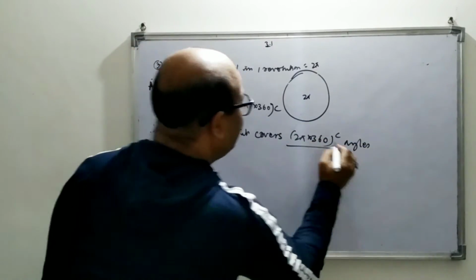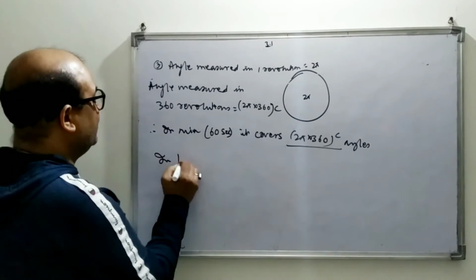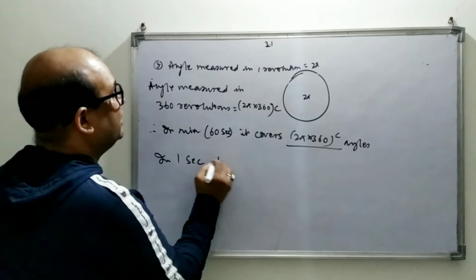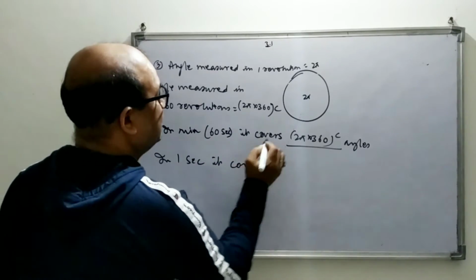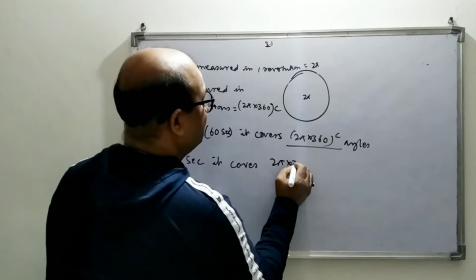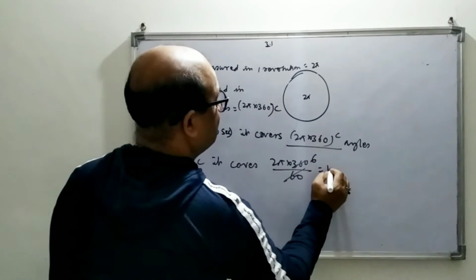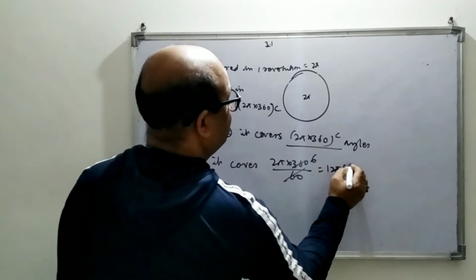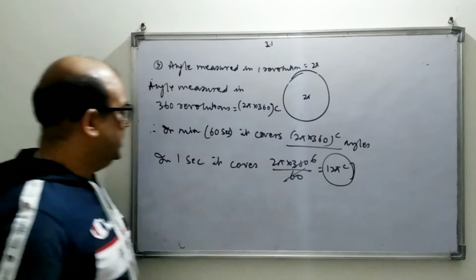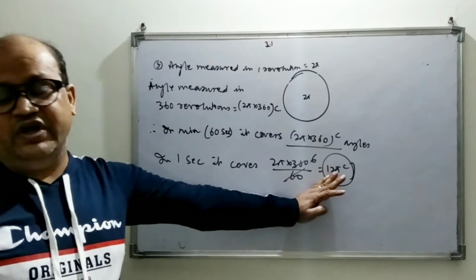So, this is the measurement of angle in 60 seconds. So, in 1 second, it covers how much? 2 pi by 360 upon 60, that is 12 pi. So, in 1 second, this completes 12 pi radian.